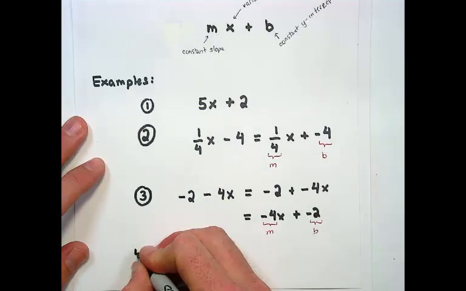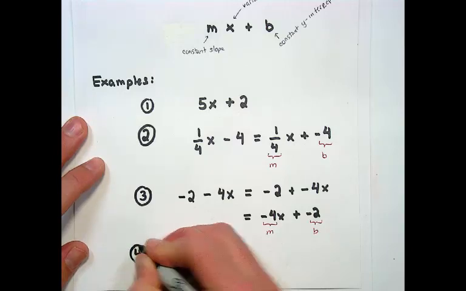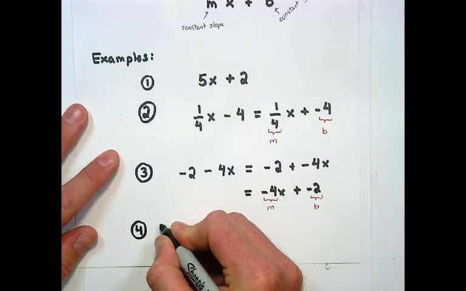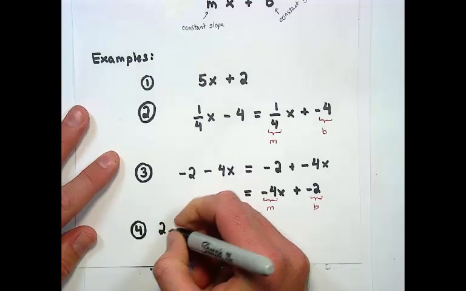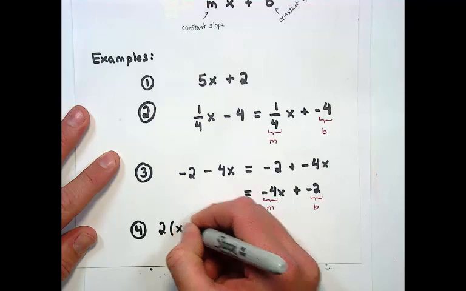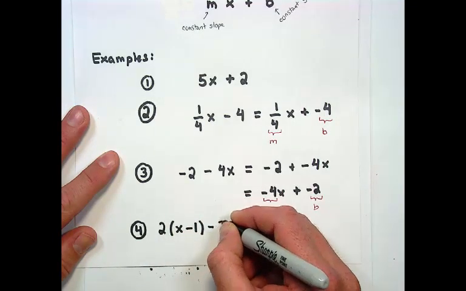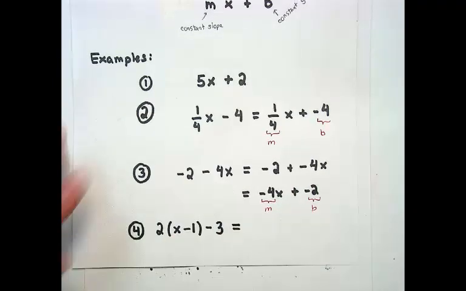And then if we wanted to get really exotic, we could notice that sometimes linear expressions come in a form that looks very different from what we're expecting. I claim this is a linear expression.